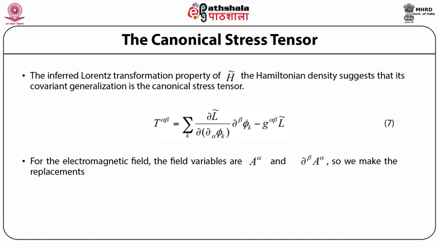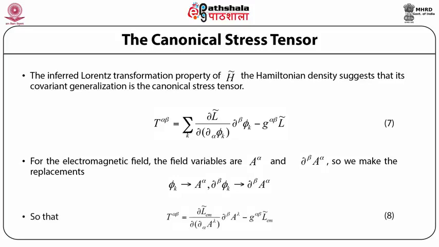So if we make the replacement phi k tends to A raised to power alpha, and del beta phi k tends to del beta A alpha, then T alpha beta is equal to del L_EM by del of (del alpha A raised to power lambda) into del beta A raised to power lambda minus g alpha beta L_EM.